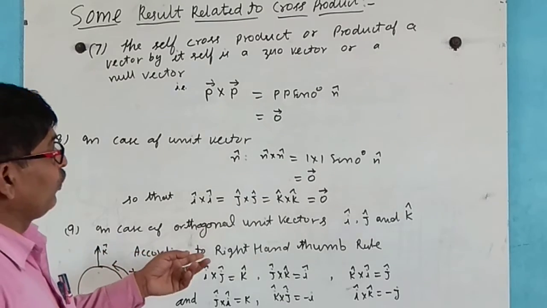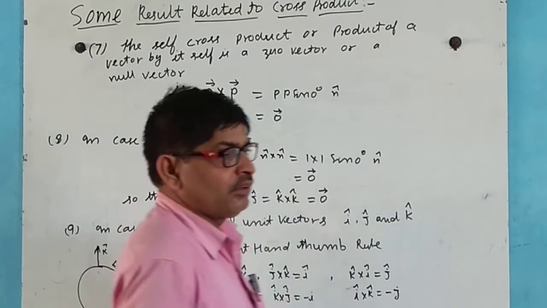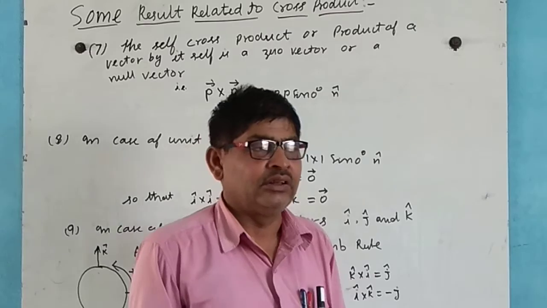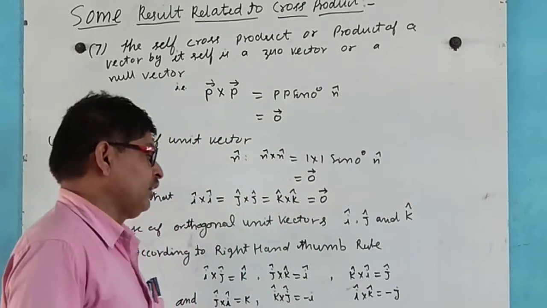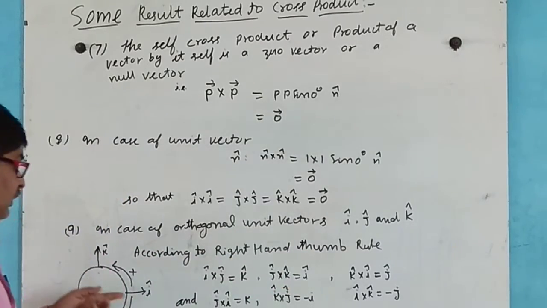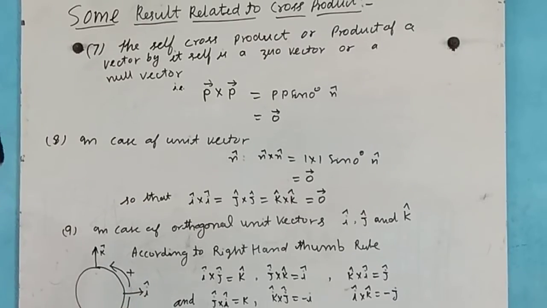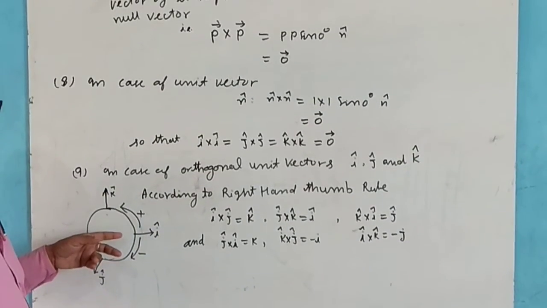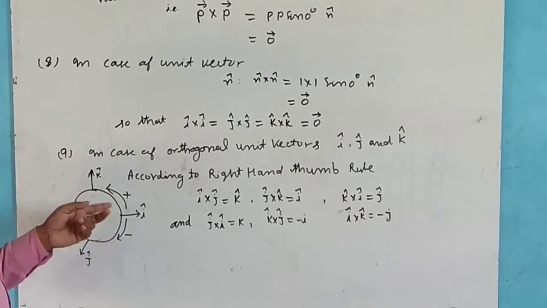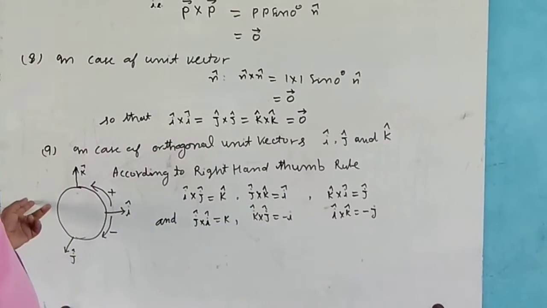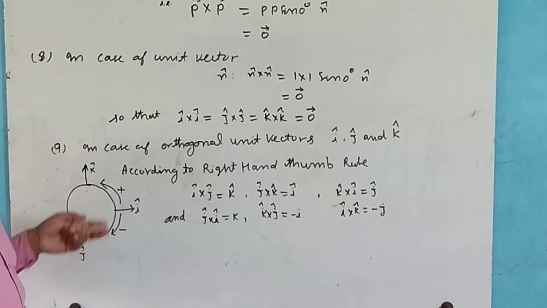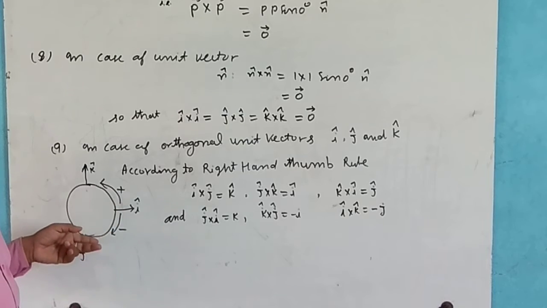In the case of orthogonal unit vectors, it means they are perpendicular: between the unit vectors i, j or j, k or k, i. According to the right hand thumb rule, this is vector i, this is vector j, and this is vector k. As you know, going clockwise is positive and anti-clockwise is negative. Same thing, this direction positive and this direction negative.